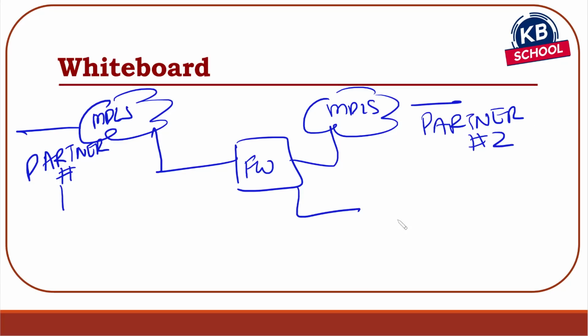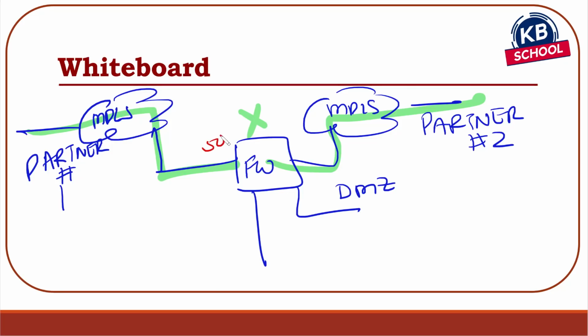I want them to connect into my server network, the DMZ network, but I don't want them coming in from here and going through me to each other. Even if by accident I put an ACL, I don't want that to happen. This has 50, any number, I'm just using 50 as an example. As long as they match, traffic will not be allowed to go through, even if by accident I put an ACL. There's a way to get around that, but we'll take a look at that later on.